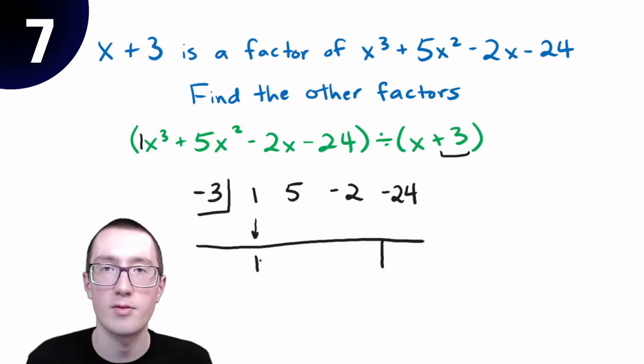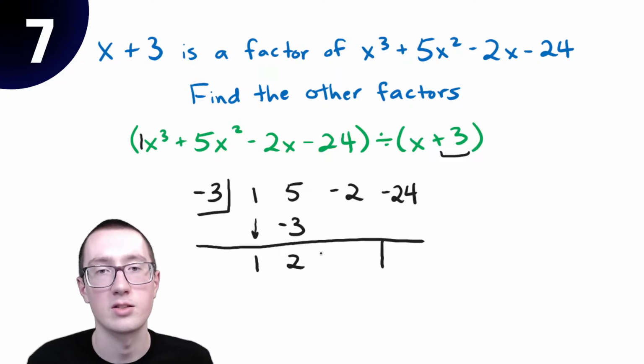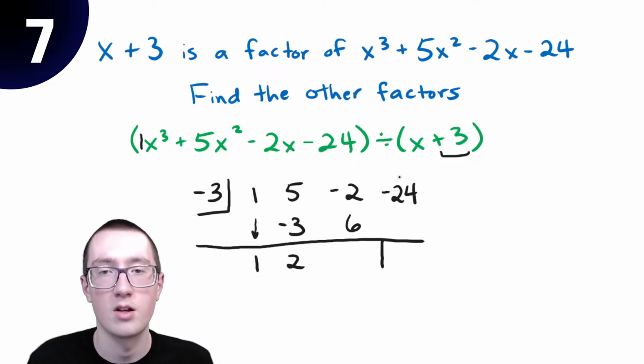So 1 times -3, anything times 1 is itself, so that's going to be -3. And then we add. So 5 minus 3 is 2. Then we repeat the process. So 2 times -3, we always multiply by the thing in the box. 2 times 3 is 6, and we have 1 minus sign, so the minus sign stays. And then here we have -2 plus -6.